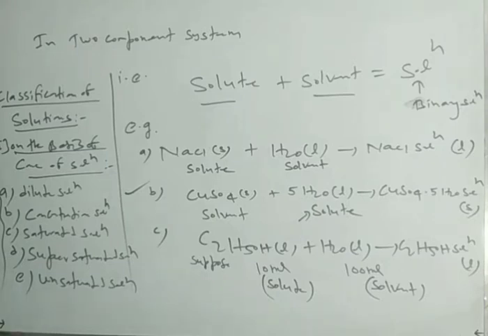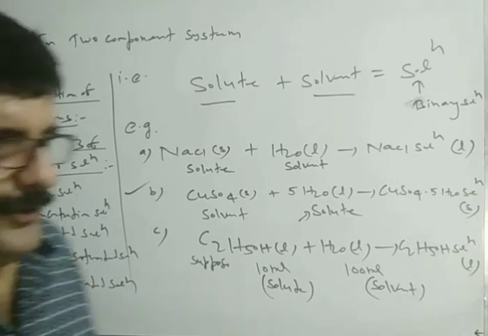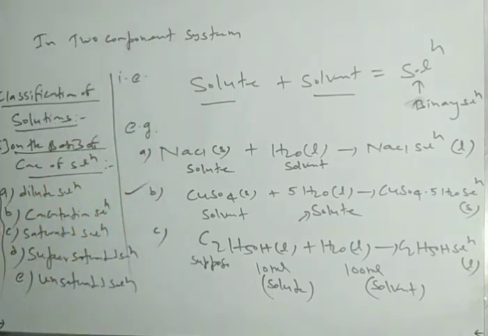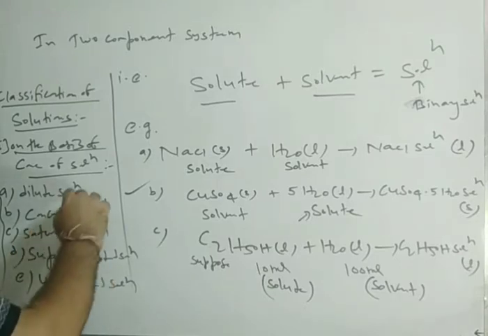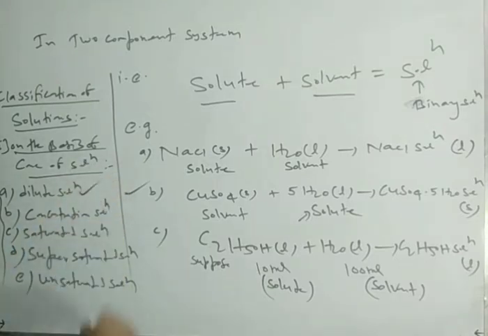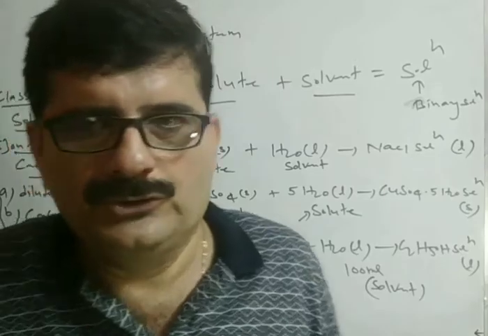Unsaturated solution means a solution containing less solute than that required for saturation of a given amount of solvent at a particular temperature. Generally, we study dilute solution, or you can say saturated solution, in our solution chapter.